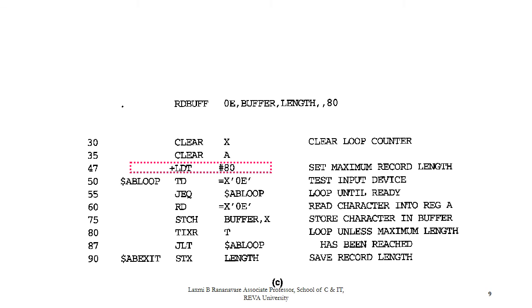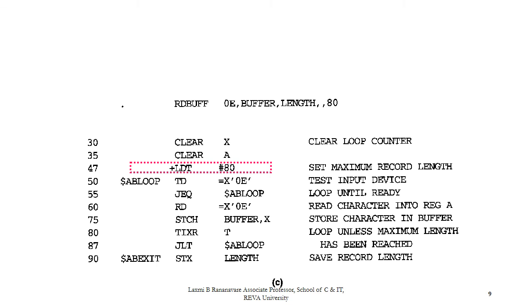And the next statement is TIXR, that is increment the contents of the index register and compare with the T register. T register is having 80, so 1 is compared with 80 and 1 is less than 80, so it is going to go back to the loop, that is AB loop, and this process is continued.